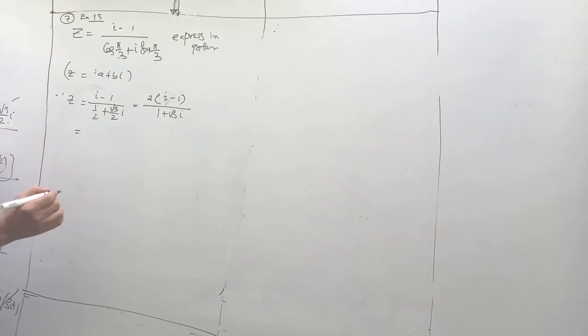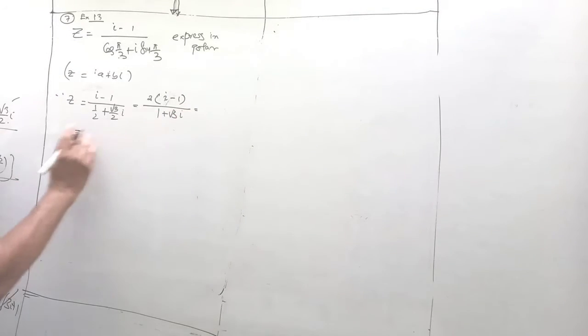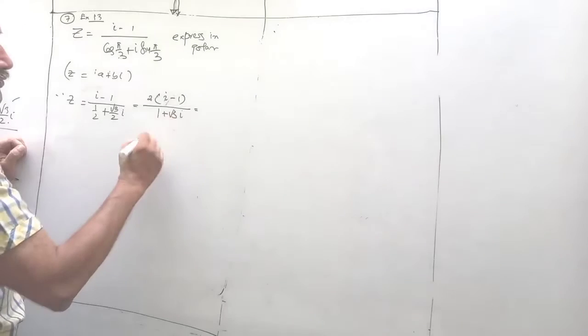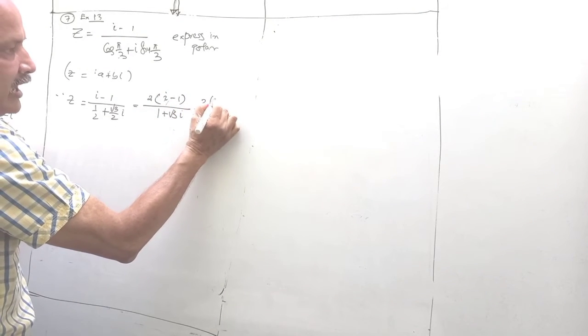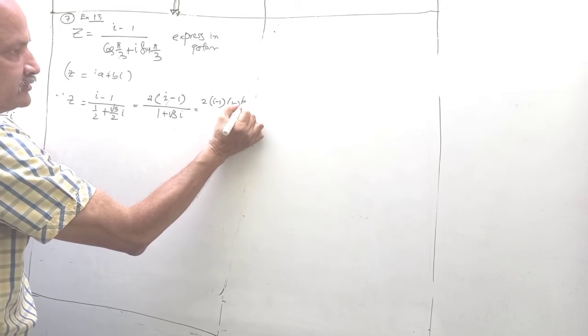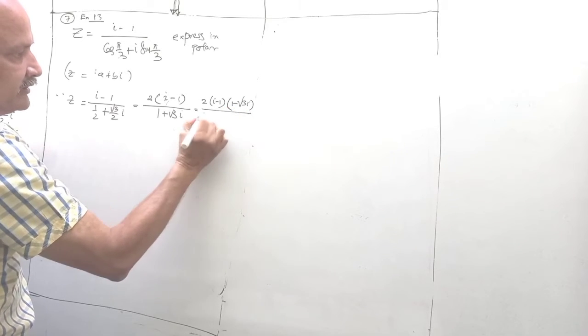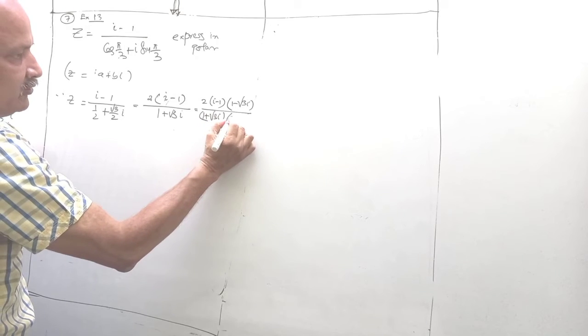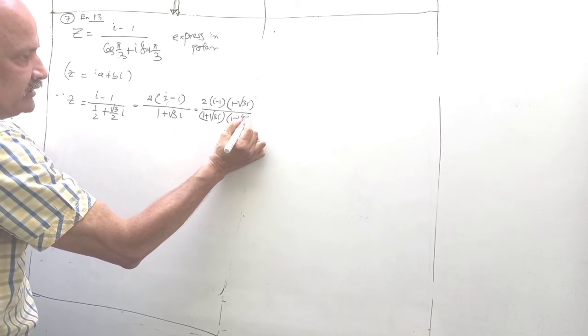Now you can write here 2 into i minus 1 into 1 minus root 3 i divided by 1 plus root 3 i into 1 minus root 3 i.